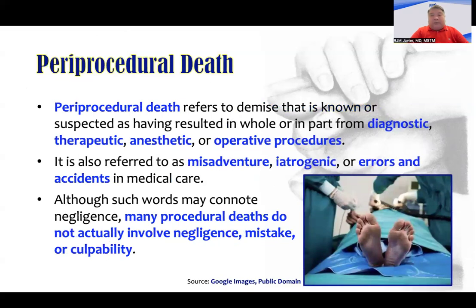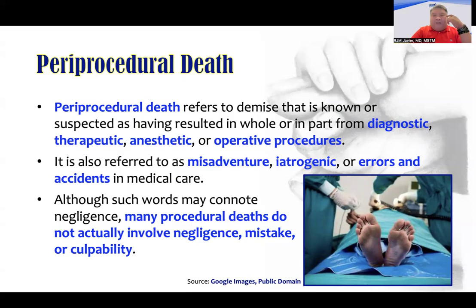Now, there is also what we call your peri-procedural death, referring to demise that is known or suspected to have resulted in whole or in part from the diagnostic, therapeutic, anesthetic, or operative procedures. You might say that if a patient dies on the operating table, it's automatically negligence. No, it's not.